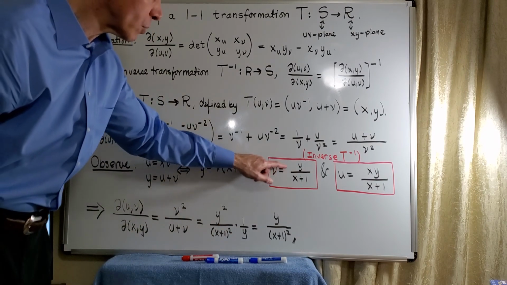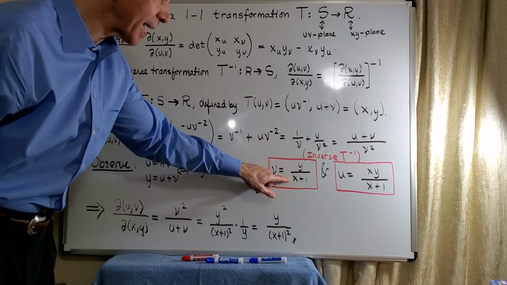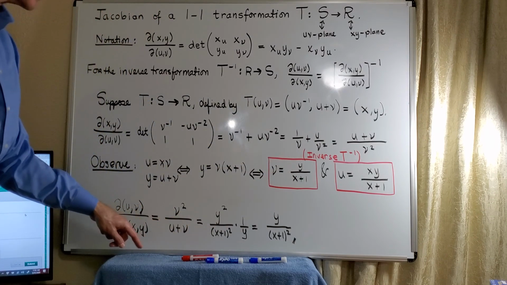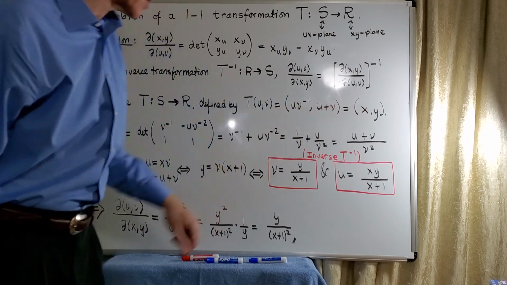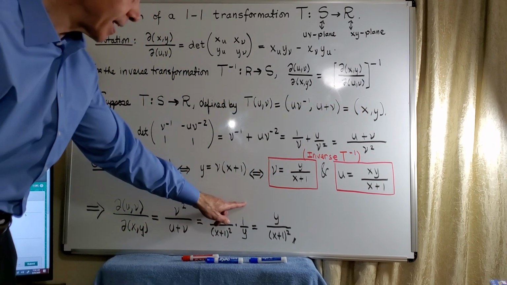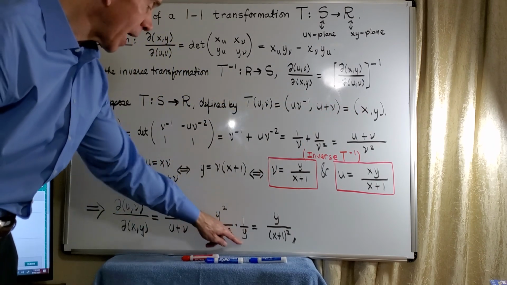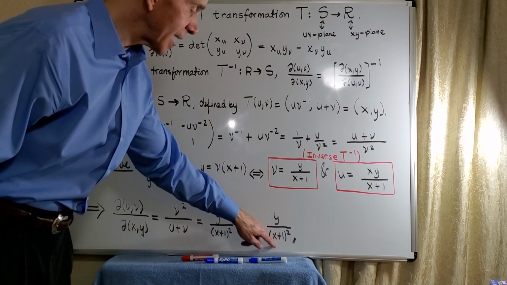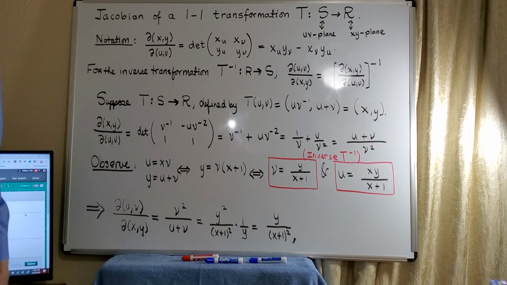Now v squared will just be y squared divided by x plus 1 quantity squared, which we have here. And then u plus v, well, we know u plus v is just y, so we reciprocate that to get 1 over y, and the y absorbs into the y squared, and that gives us y divided by x plus 1 quantity squared. So we have the Jacobian for the inverse transformation. And we are done.